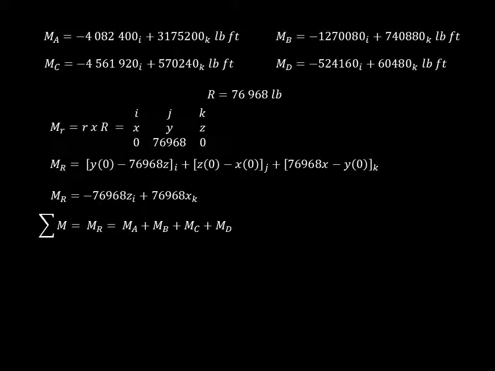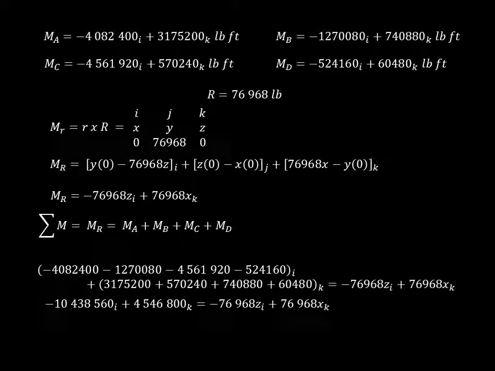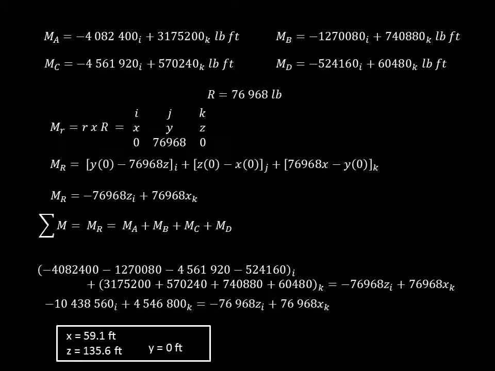Now let us equate the equation that we derived with the summation of all the moments in the system, which will give us the point of action of the resultant of the forces caused by the distributed load of the wind, which is X equal to 59.1 feet, Y equal to 0, and Z equal to 135.6 feet.